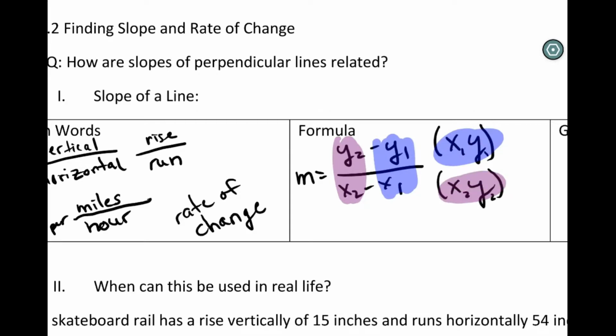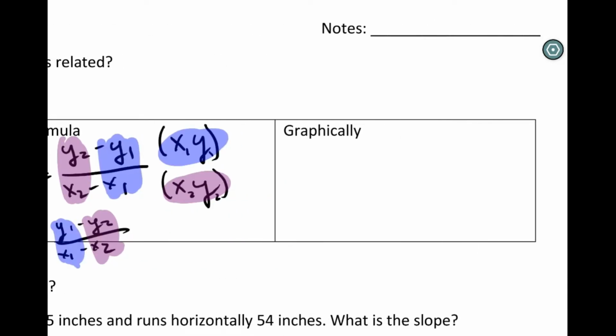You can also have y1 minus y2 all over x1 minus x2, so long as the y's are on top and the x's are on the bottom in the same order. Graphically, it's the change in the horizontal and vertical, and your slope just connects the two points there.